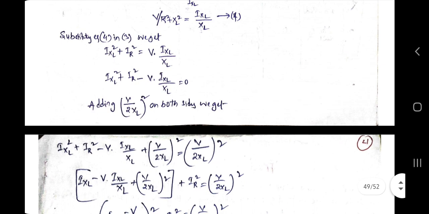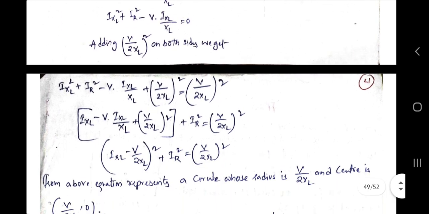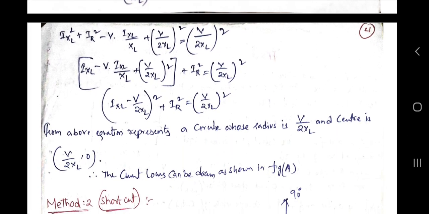Now, adding V by 2XL whole square on both sides, the equation changes a little bit. Then this is the equation we have: IXL square plus IR square plus V by 2XL whole square, which is equal to V by 2XL whole square.